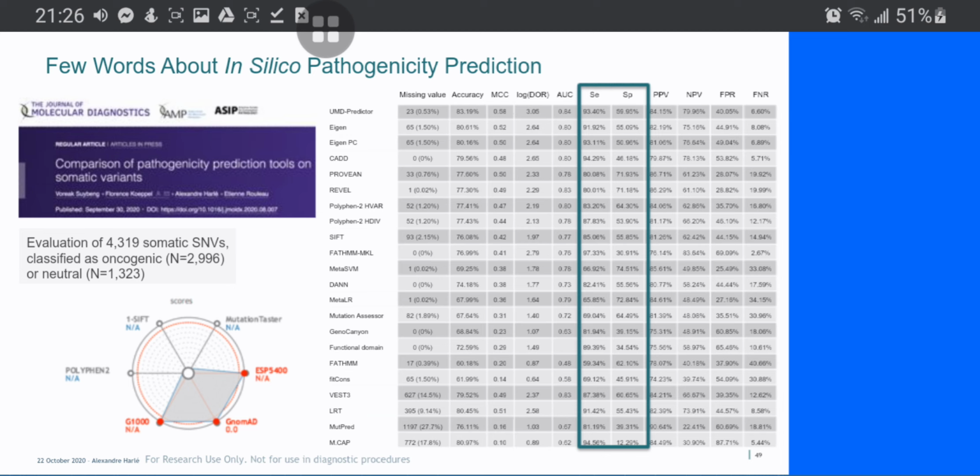For this, we used 4,000 somatic SNVs described in databases and classified as oncogenic for almost 3,000 variants, or neutral for more than 1,000 variants. And here are the results of this study. You can see that the sensitivity is very different depending on the software you are using for the prediction, as well as the specificity.